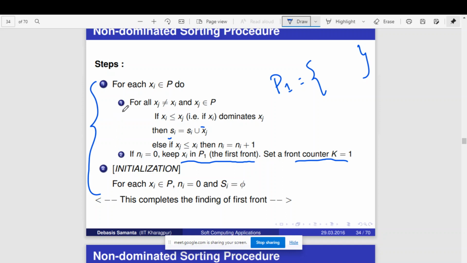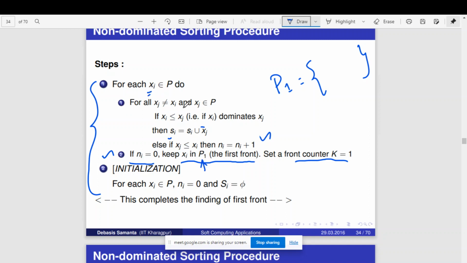See this first step. It checks whether xi is dominated by somebody or not. If xi is dominated by somebody else, then we increment ni. Otherwise we don't increment ni. Then we come out and check whether ni becomes 0 or not. If ni is 0, then it means that xi is not dominated by anybody. Then we add xi to P1.